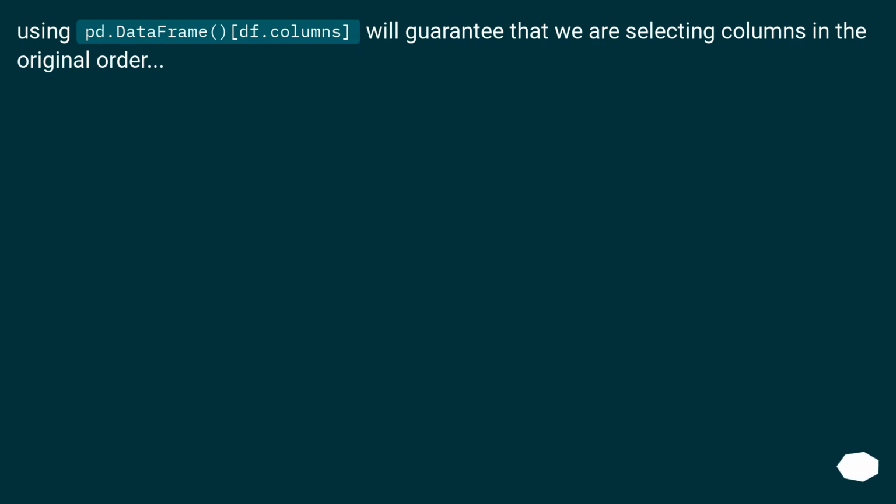Using pd.DataFrame with df.columns will guarantee that we are selecting columns in the original order.